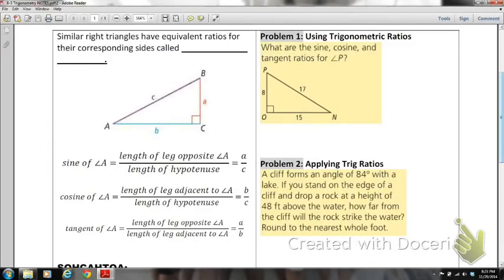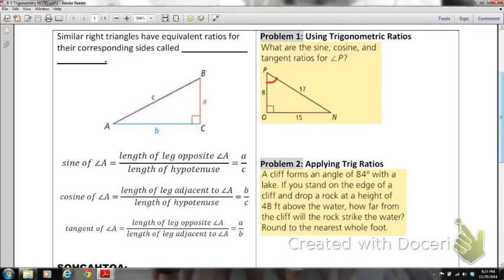In problem 1, we're going to use trigonometric ratios to find the sine, cosine, and tangent ratios for angle P. So the first thing you should do is mark angle P so that you can know which sides are opposite and adjacent to it.